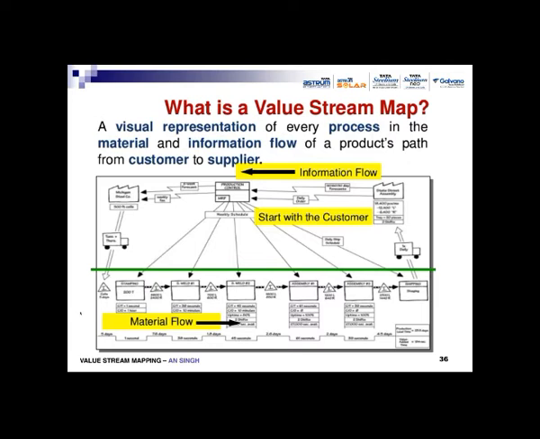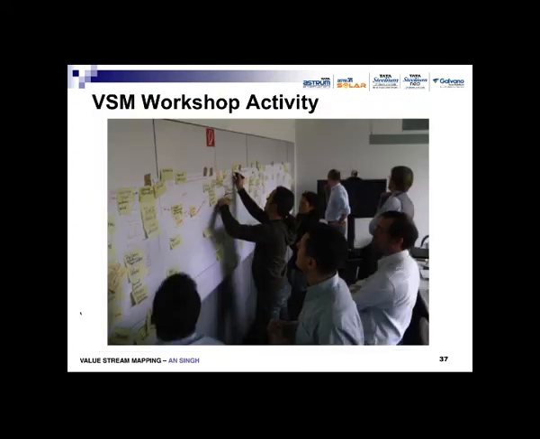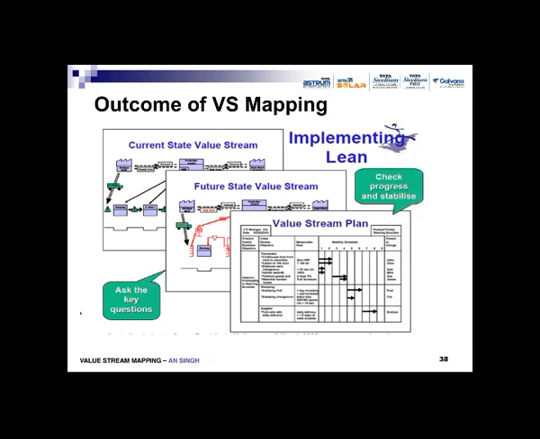So this is a closed loop cycle. Earlier it used to be done manually on A3 paper. Nowadays the whole team is involved, and the easier way is to use post-it slips, where people collect and fill in data to create a value stream map.